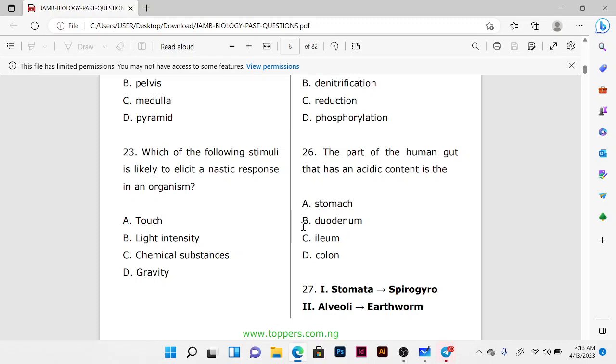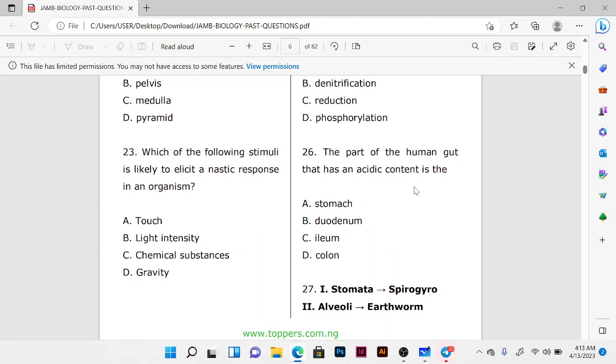A. Stomach, B. Duodenum, C. Ileum, D. Colon. The part of the human gut that has an acidic content is the dash. A. We have stomach, B. Duodenum, C. Ileum, and D. We have colon.